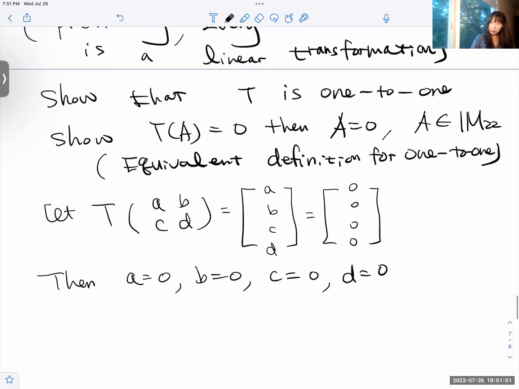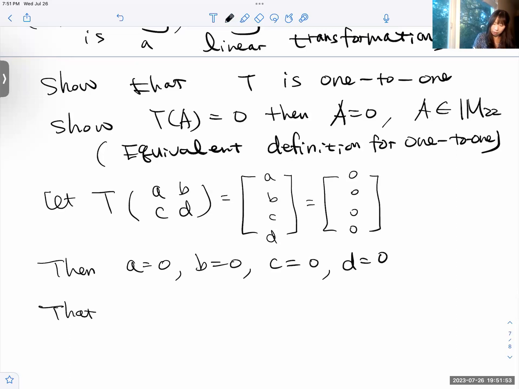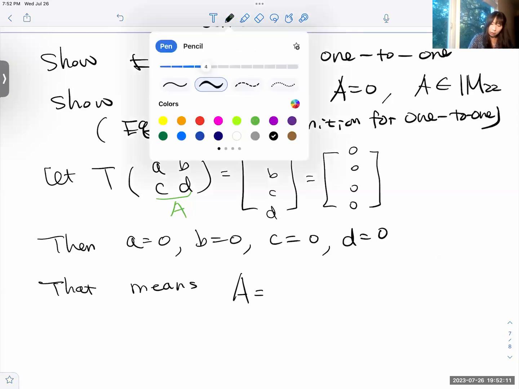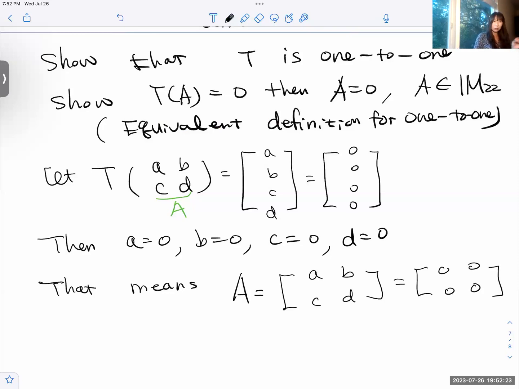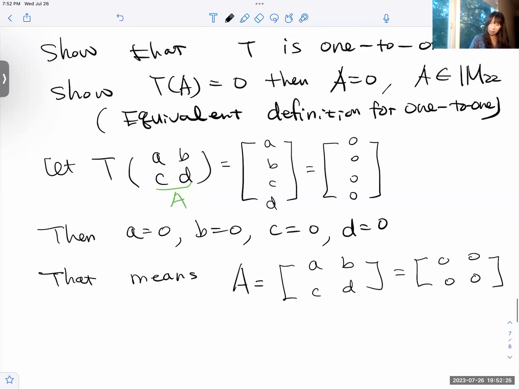Yeah, so that means this is A, right? Because T of A equal to 0. So this is (a, b, c, d), which is 0, 0, 0, 0, because we said a equal to 0, b equal to 0, c equal to 0, d equal to 0, right?